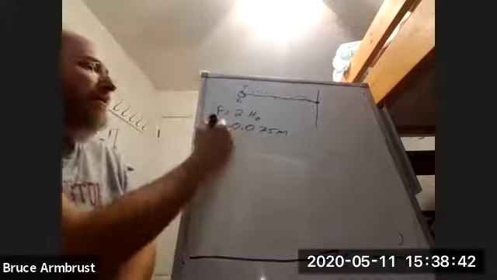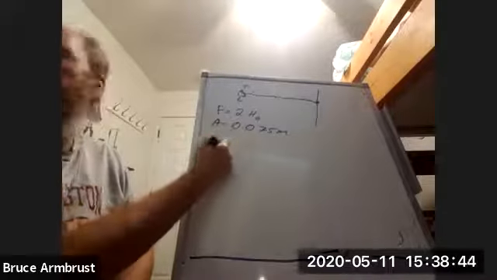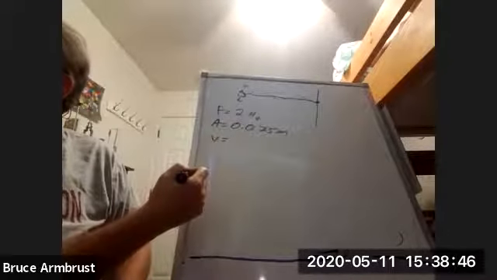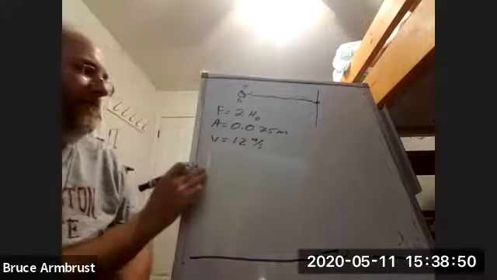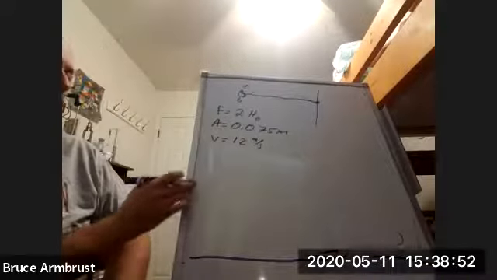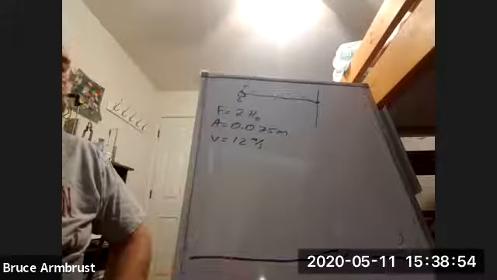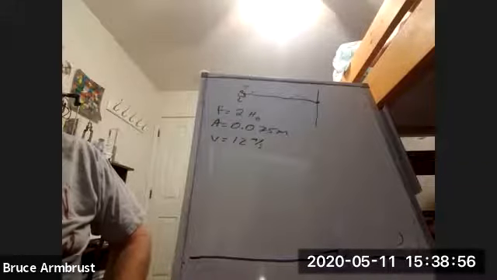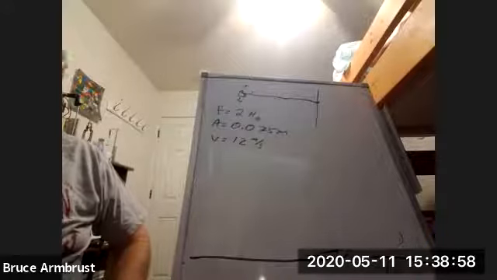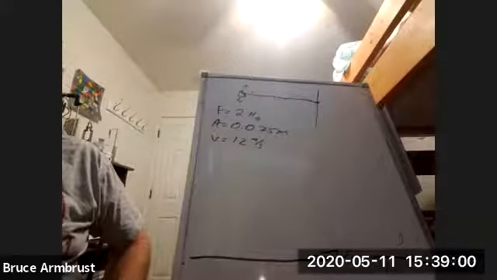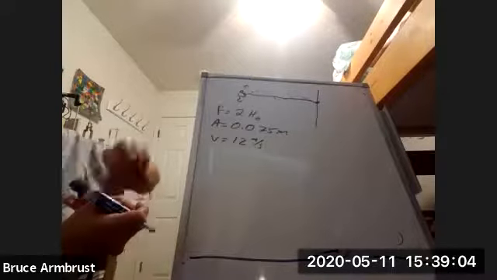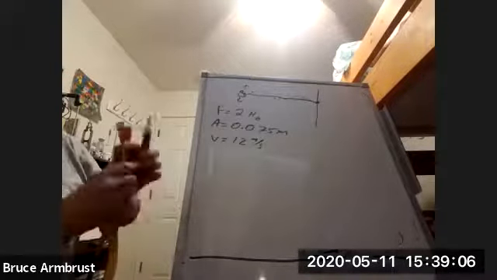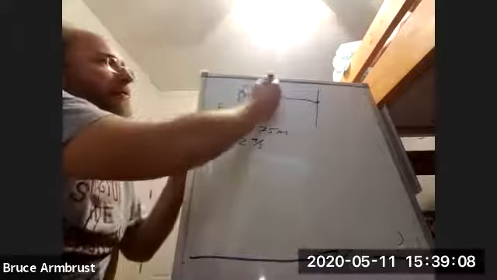And I'll even tell you the velocity of the wave. The velocity of the wave is 12 meters per second. So that's not the velocity of a particle on the string. That's the velocity of the wave. I want to make sure that we understand the distinction, because a particle on that clothesline is going to be moving up and down.